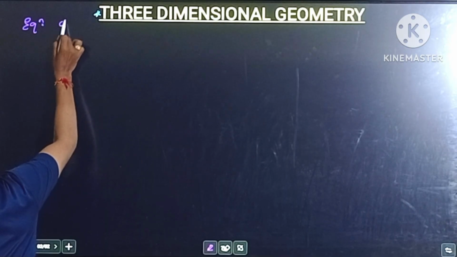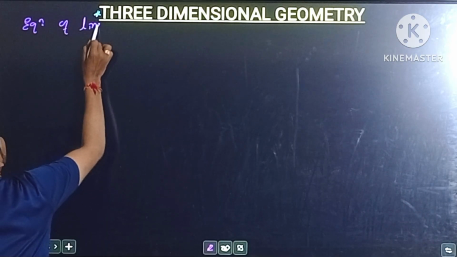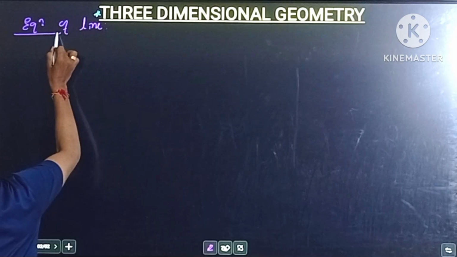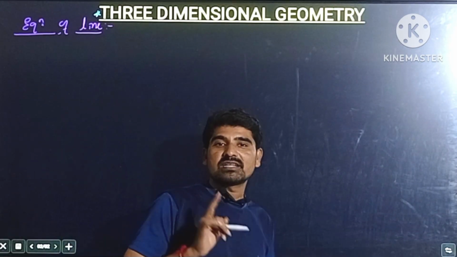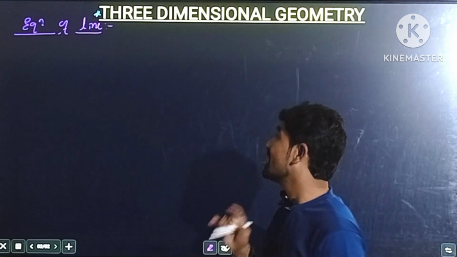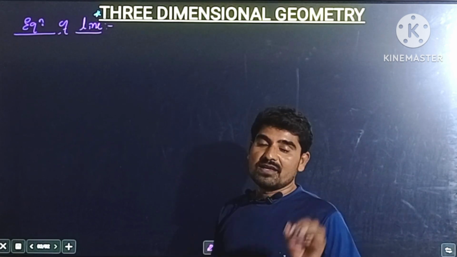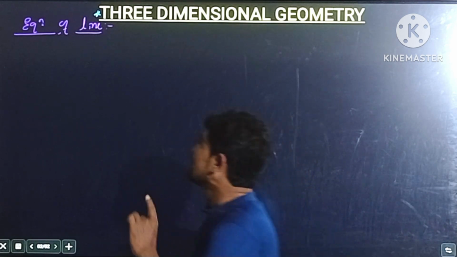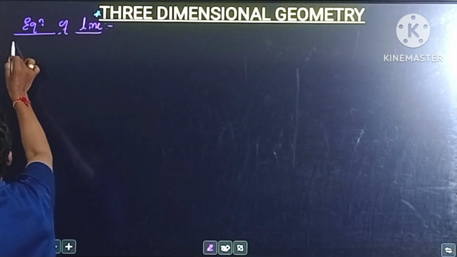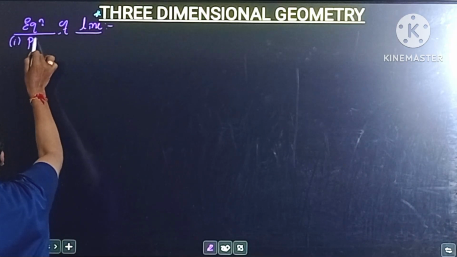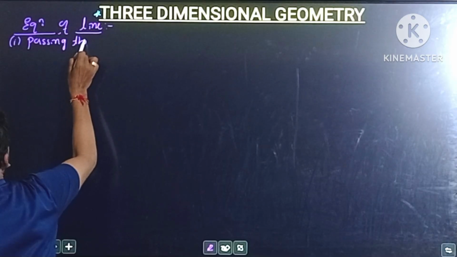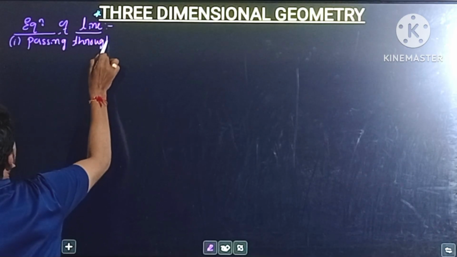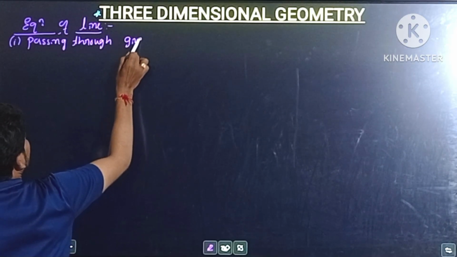To identify the equation of line, he has to give two conditions here. The first condition is equation of line passing through the given point.